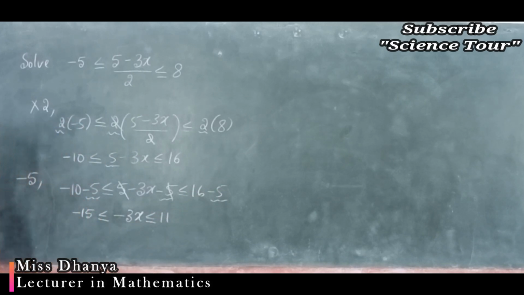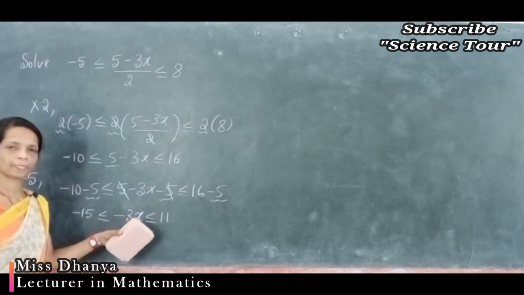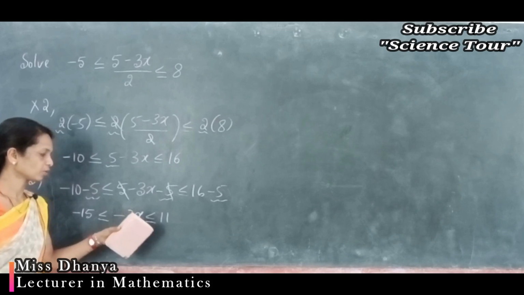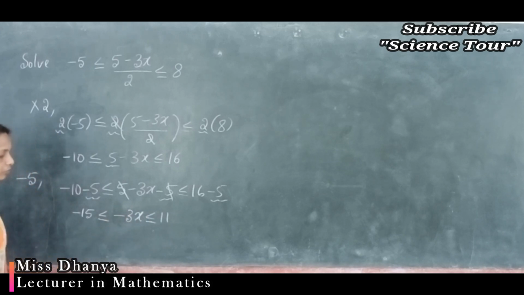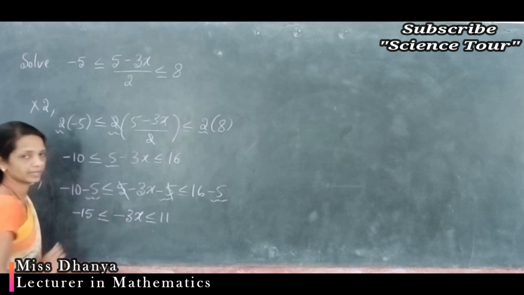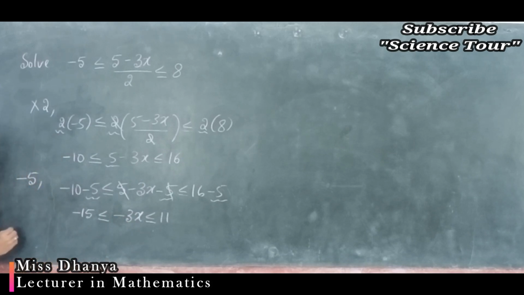Right, and here you have to make the coefficient of x equal to 1, but with x we have -3. To cancel that -3, you have to divide by -3. You have to remember one important rule here.